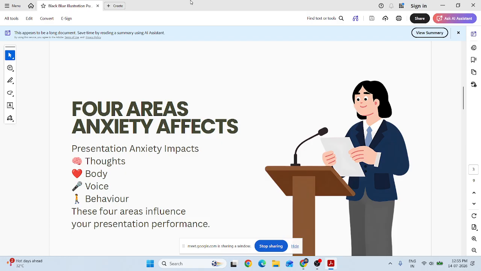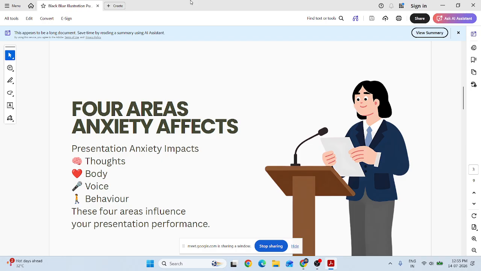Anxiety affects your behavior. You might avoid preparing because thinking about the presentation feels uncomfortable, and sometimes you may tell yourself that you work better under pressure than leave everything until the last minute.